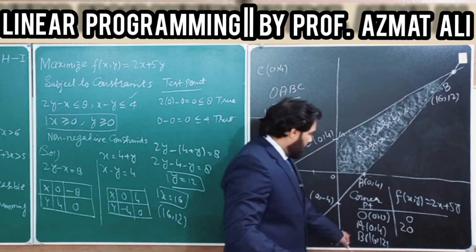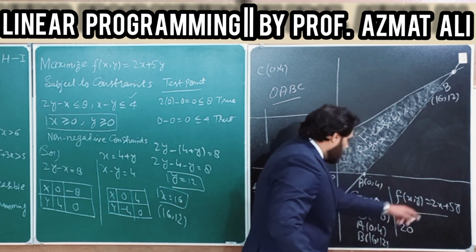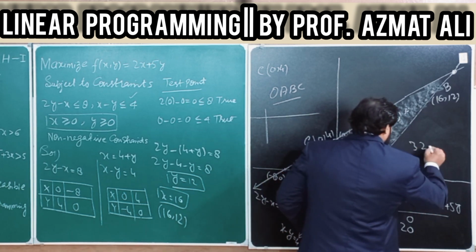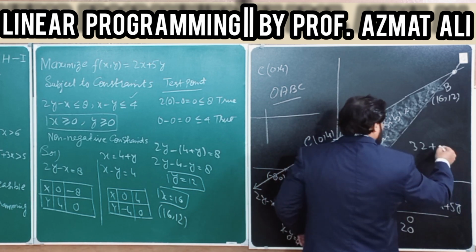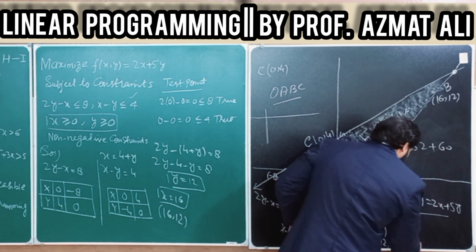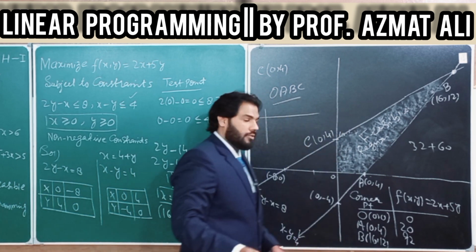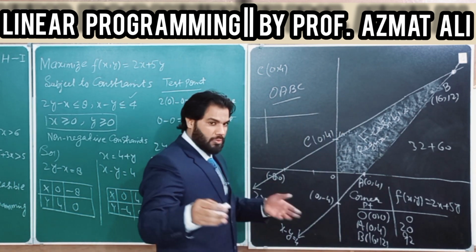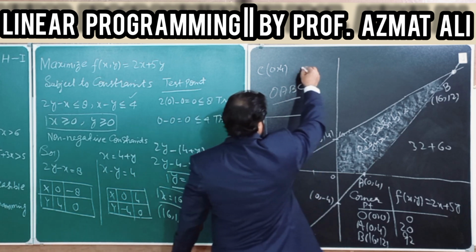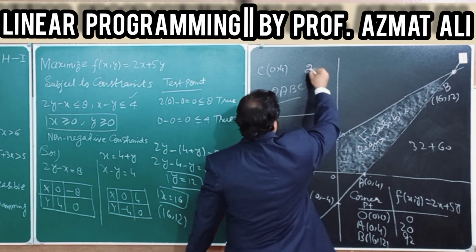By putting x equal to 16, this will become 32, plus y equal to 12, this will become 60, final 92. And lastly at point C, value of our objective function is 4 times 5, that is 20.